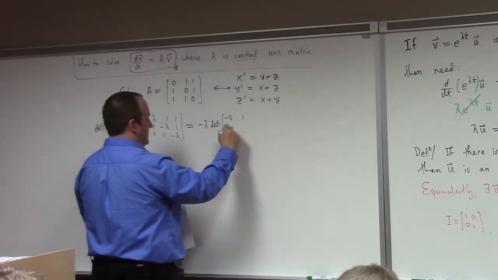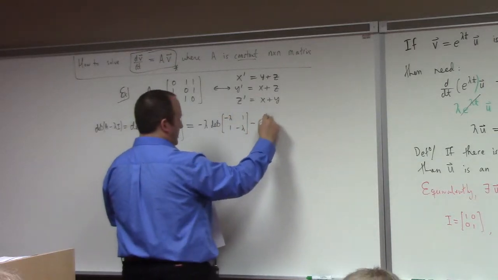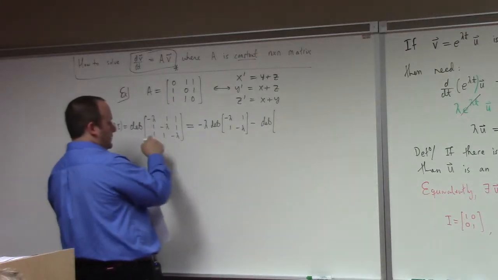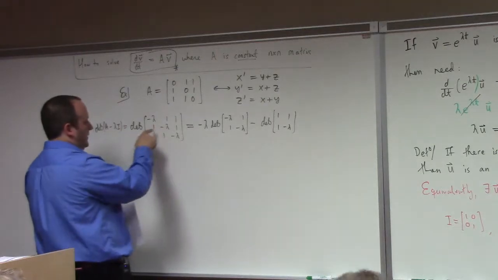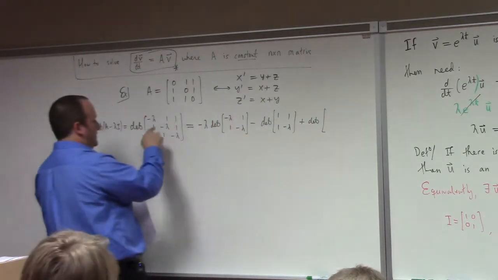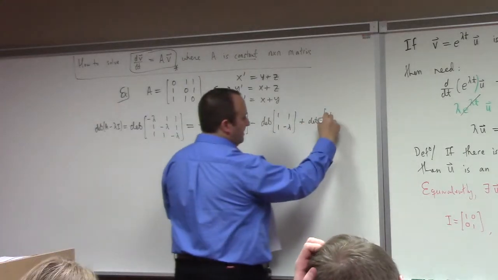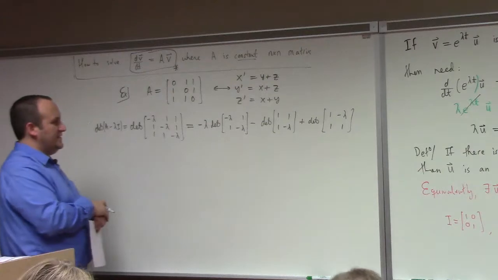Minus lambda times the determinant of 1 minus lambda, minus the determinant of 1 minus lambda, and then plus the determinant of 1 minus lambda 1. Is anything the same here?